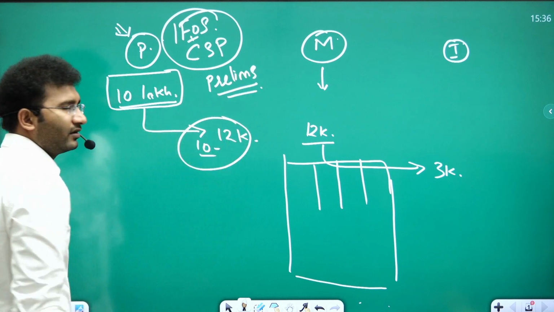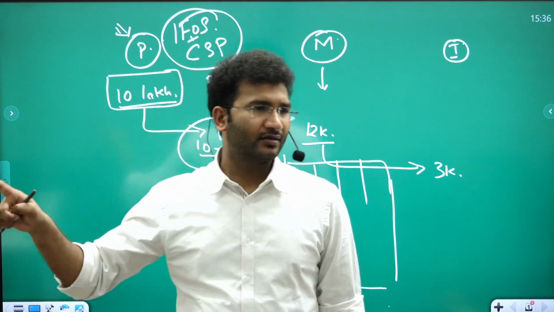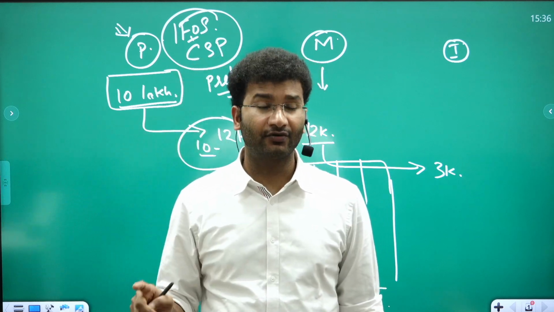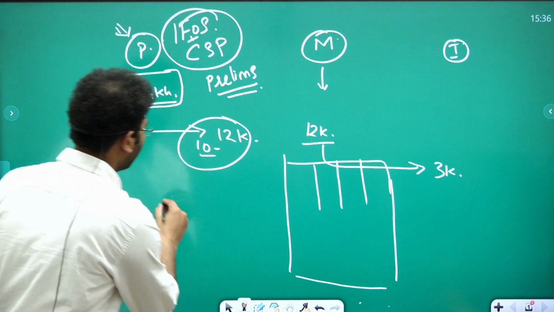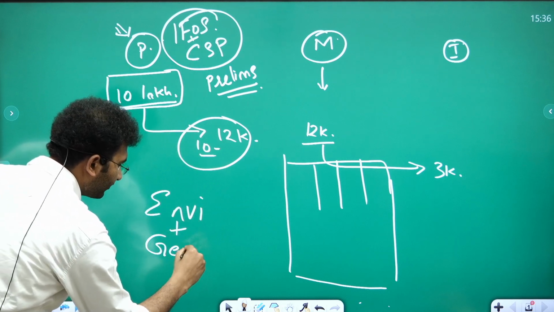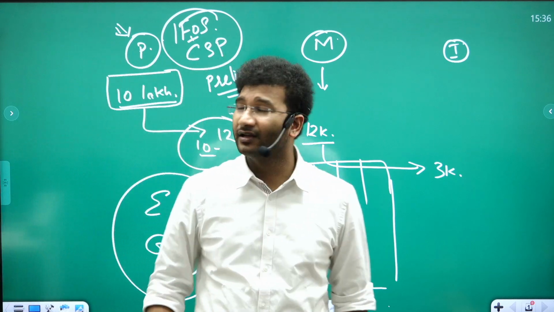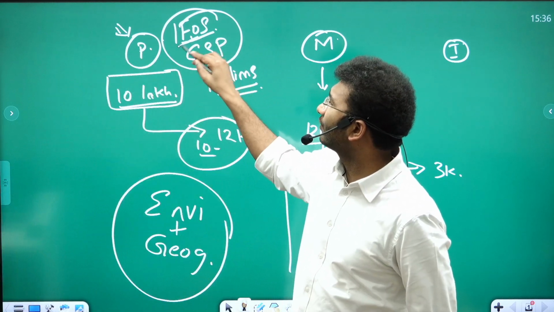That's why there are more questions in the UPSC Civil Services prelims from the subjects of environment as well as geography. Now why are these questions from environment and geography asked? Because it is a common exam for the Indian Forest Service.